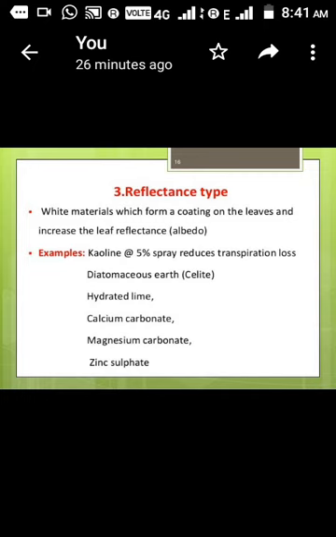Some examples of reflectants are kaolin, diatomaceous earth, silicates, hydrated lime, and calcium. These are some of the examples which can be applied over the plant, so that the rate of transpiration is reduced. Okay, so these are some of the anti-transpirants.